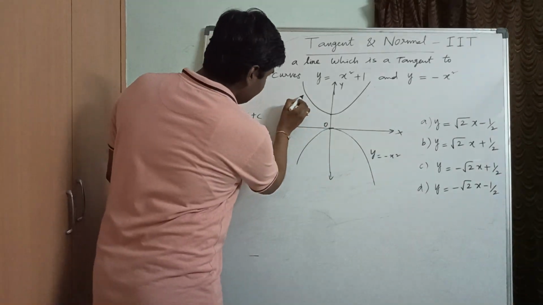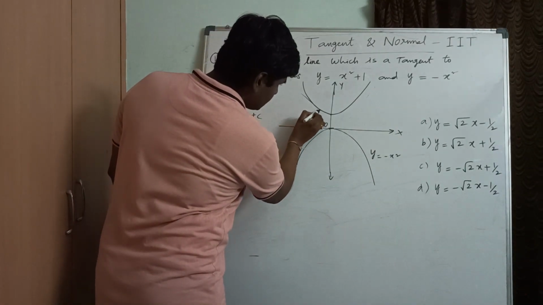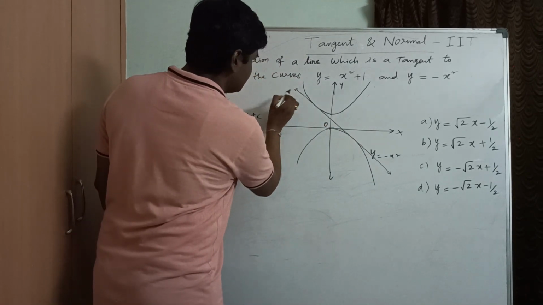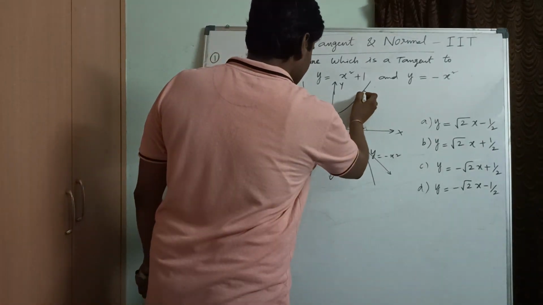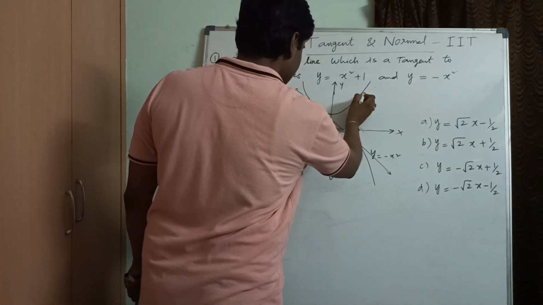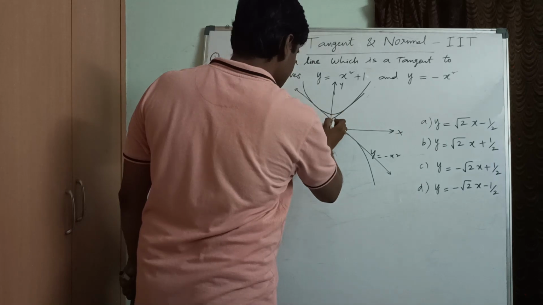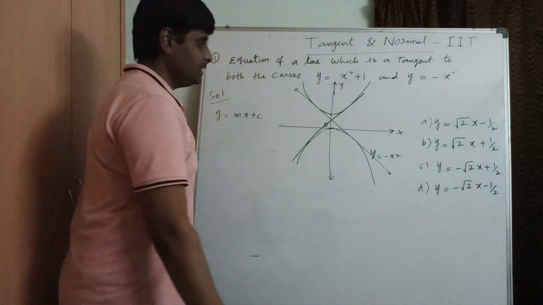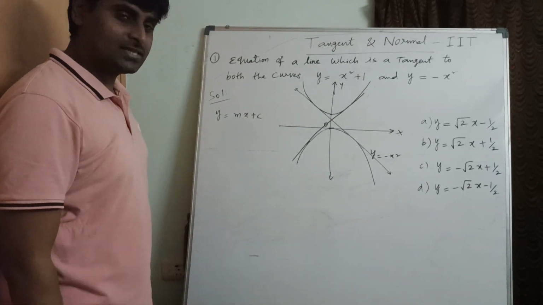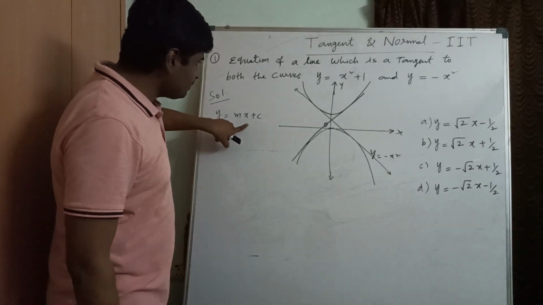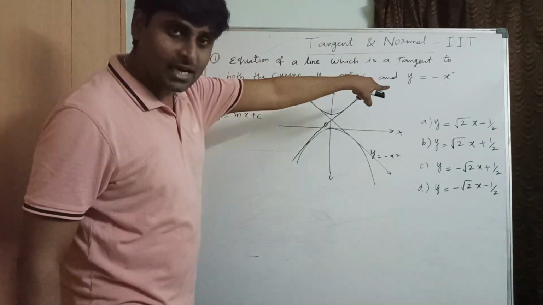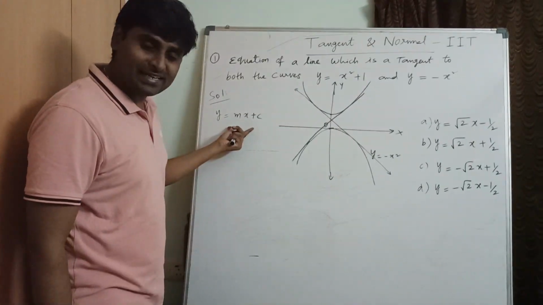Similarly, in this direction also let me write it. So these are the tangents, y equal to mx plus c, which is a tangent for both the curves. So can I solve both the curves by using this tangent?